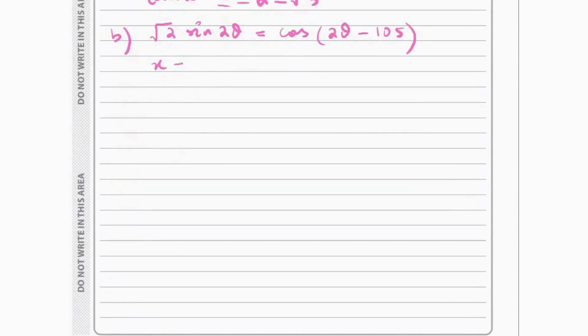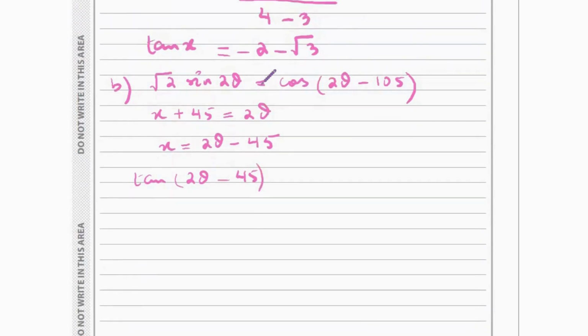So x plus 45 equals 2 theta, which means x is going to be 2 theta minus 45. So it's going to be tan of 2 theta minus 45, because we said tan x equals negative 2 minus root 3.